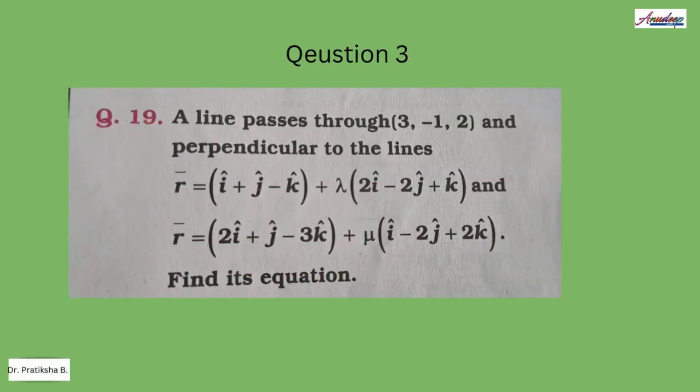Question number 3. A line passes through (3, minus 1, 2) and is perpendicular to two lines. The equation of the first line is r vector equal to i plus j minus k plus lambda into 2i minus 2j plus k, and the second line is r vector equal to 2i plus j minus 3k plus mu into i minus 2j plus 2k. Find its equation.